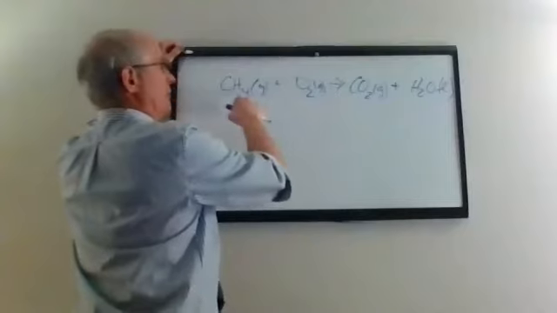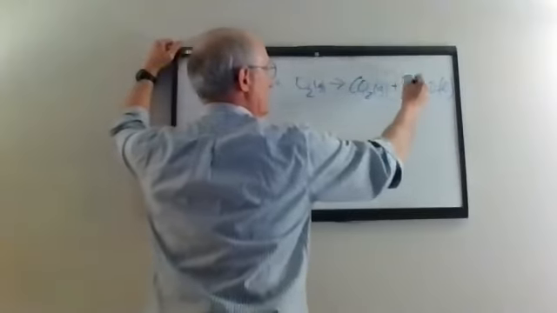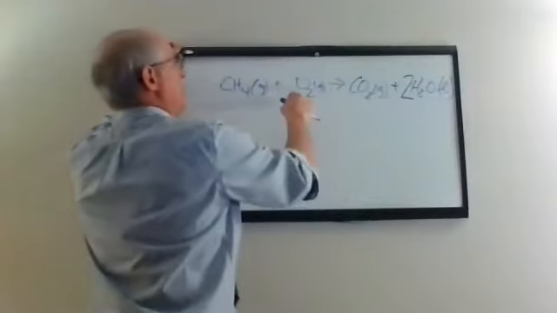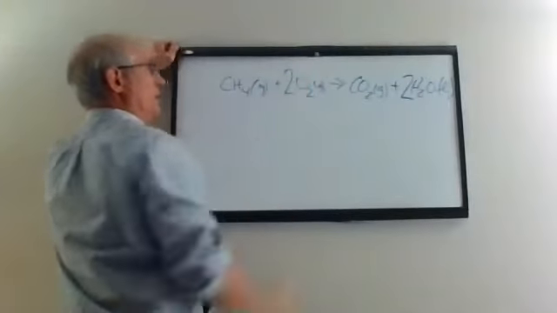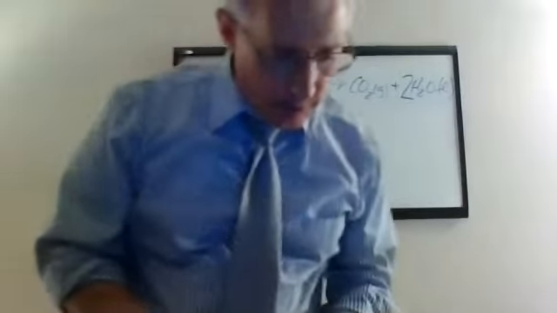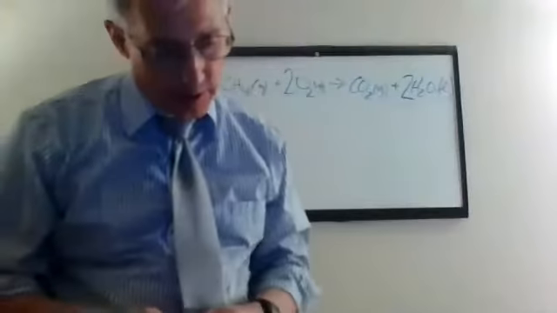1 carbon, 1 carbon, 4 hydrogens, 2 hydrogens. We got 2 oxygens, we got 2, and 2 make 4, so we got 4 oxygens. That's the first step, is a balanced equation. It always is.